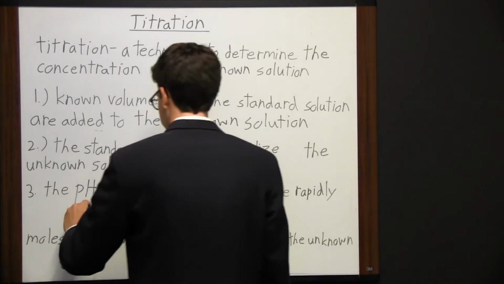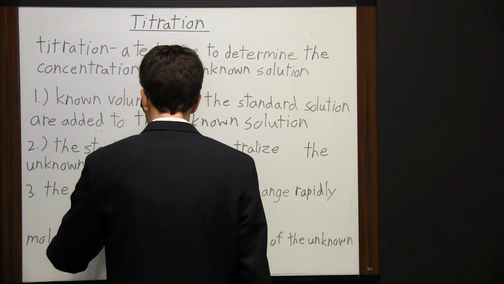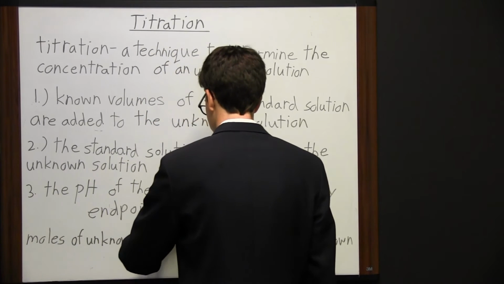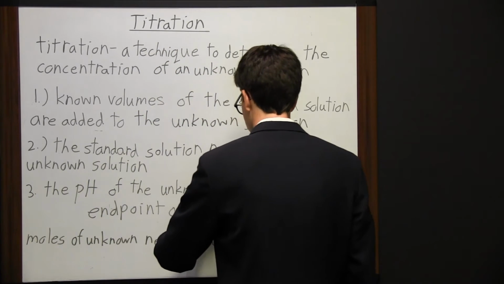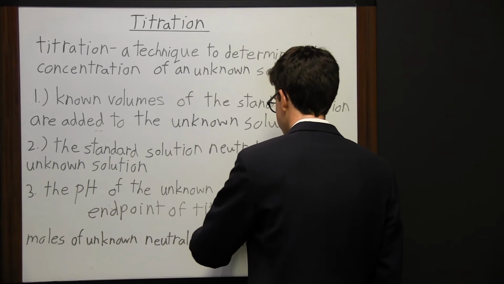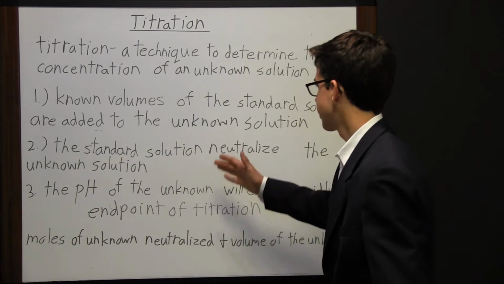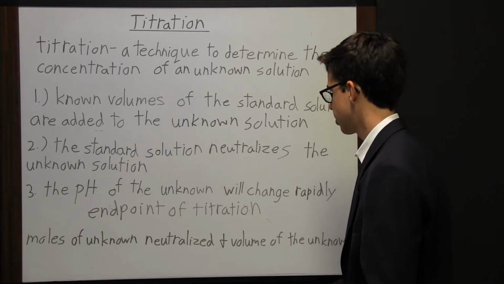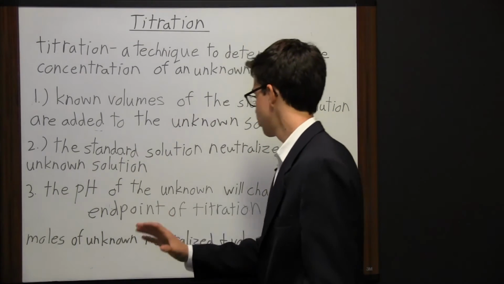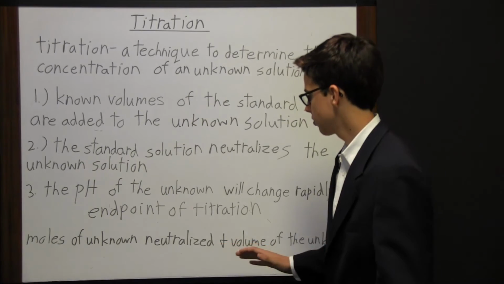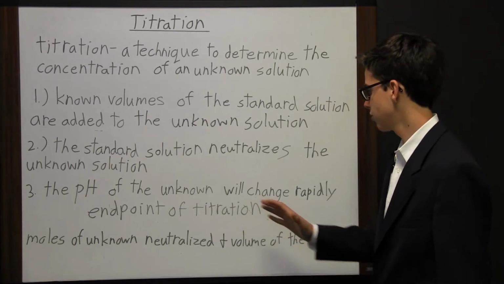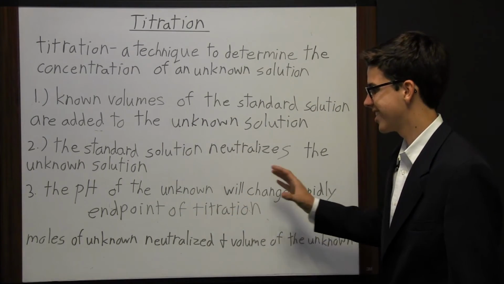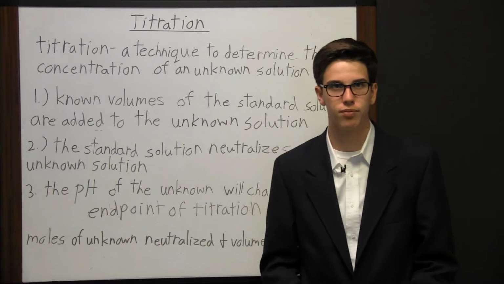And so we call this the endpoint of titration. So this is the endpoint of this technique we were using, because the standard solution neutralizes the unknown solution. And so at that point, the pH of the unknown is changing rapidly, so that signals the endpoint of titration. It signals that this process, this technique, is over.